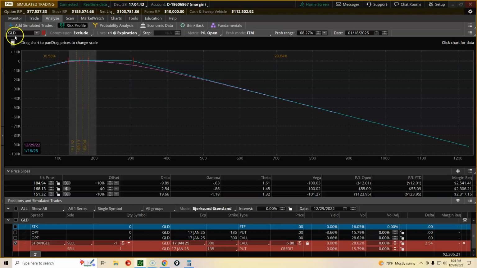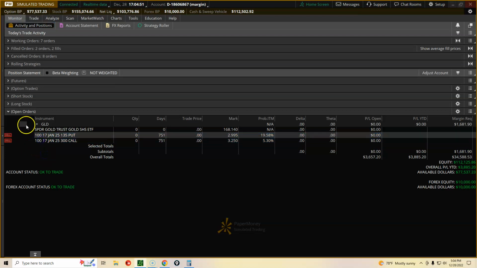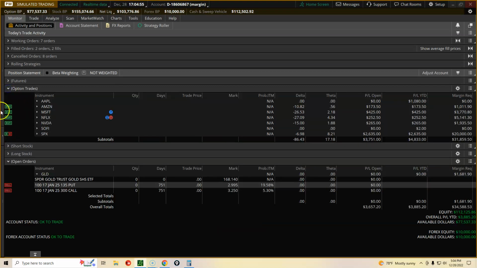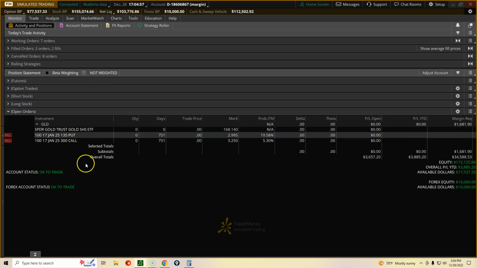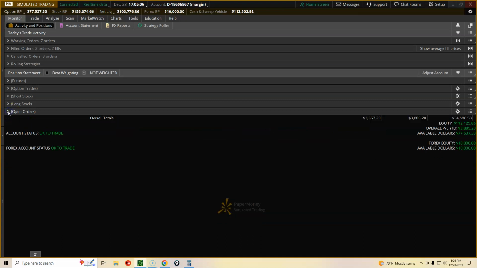So what my plan is, if this gets filled, then I would close out of this relatively soon. I'd put one of these limit orders in to buy it back and close the position at whatever. I don't know. I'll kind of play with it and figure it out as I go along.